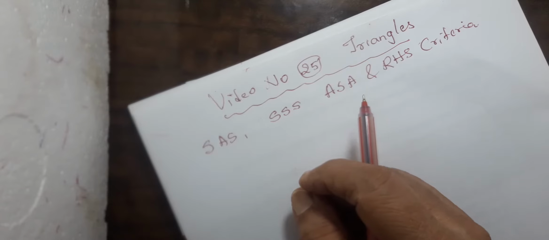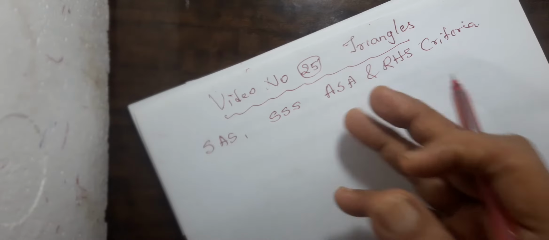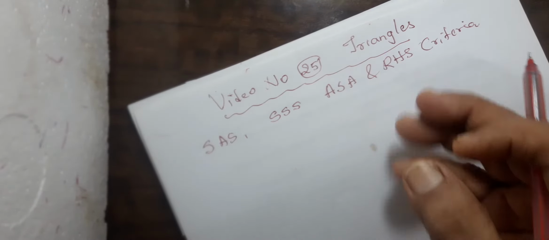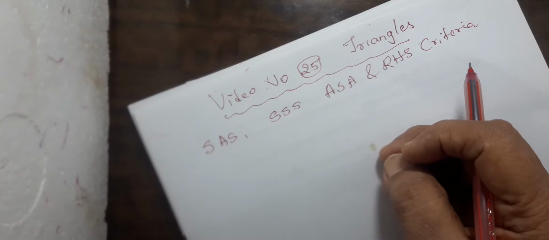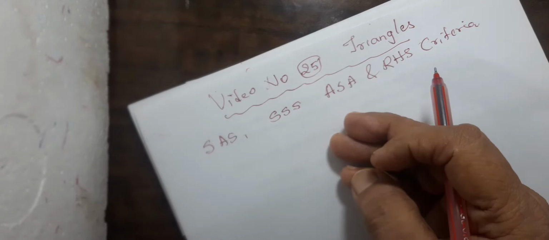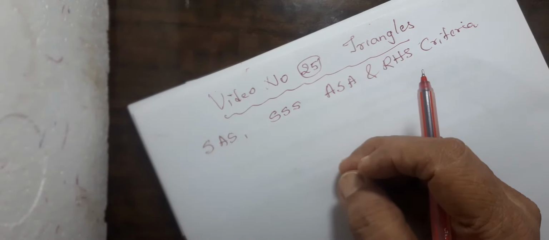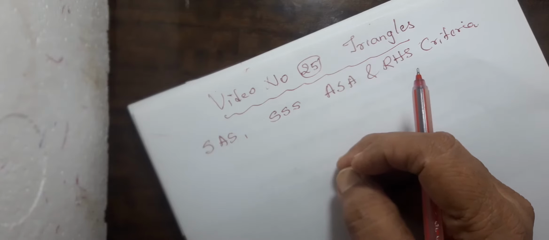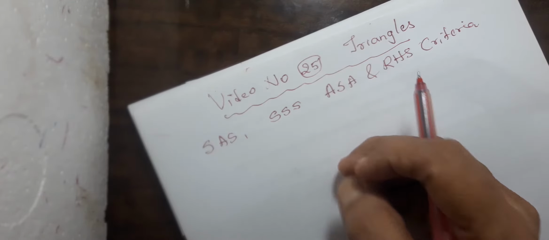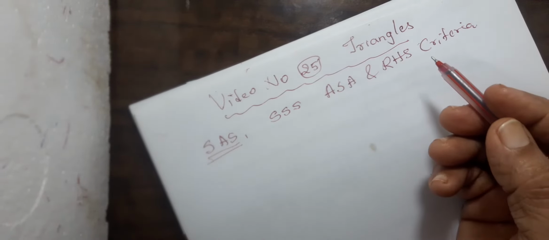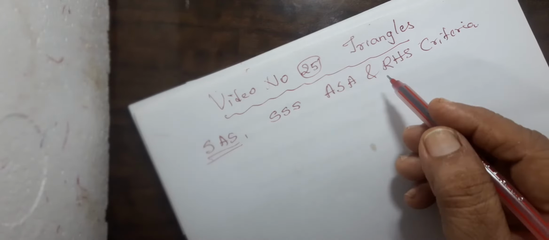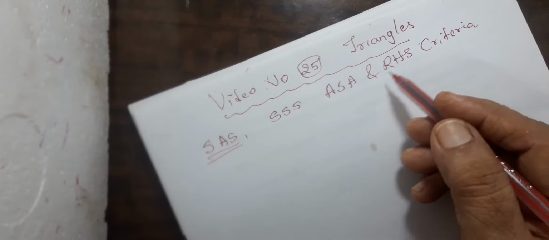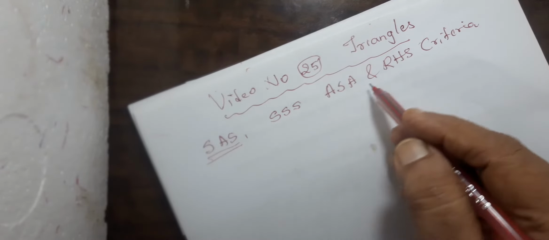Now in the same manner, even for similarity of triangles, you have these axioms again, these criteria again. But there is a slight difference between the congruency of triangles proof and using these criteria. In congruency they should be equal. You know it. See, for example, SAS means two sides of one triangle, and the included angle between those two sides should be equal to the corresponding two sides of the other triangle, and of course the included angle also must be equal.